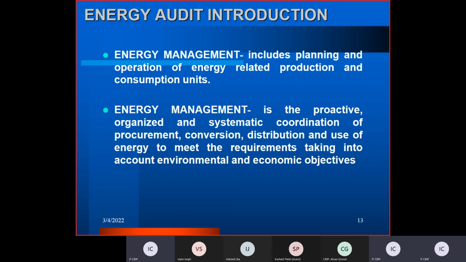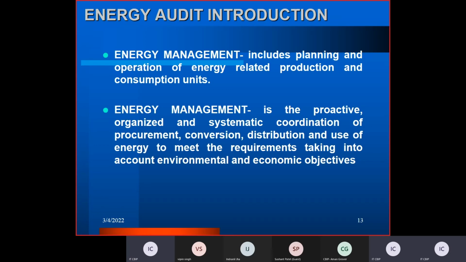What is your planning? For example, if I was working as a production engineer in some organization, I have to make so and so samples, say 100 samples a day. For making those 100 samples, I have to consume some portion of energy. It may be fuel, it may be electricity, any form of energy that is required.